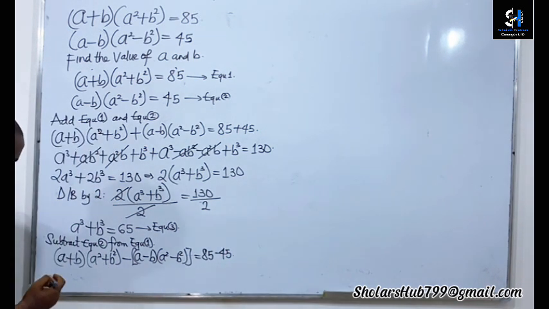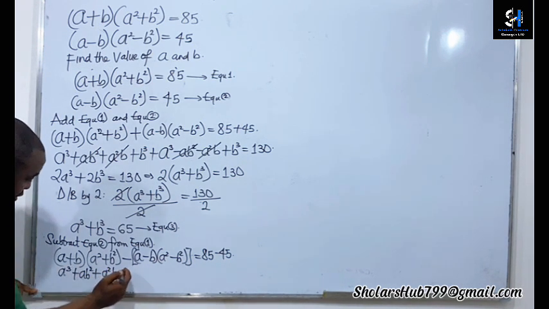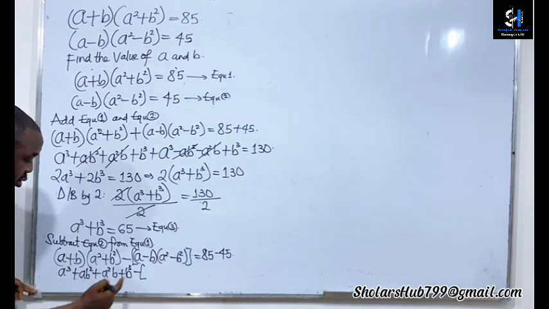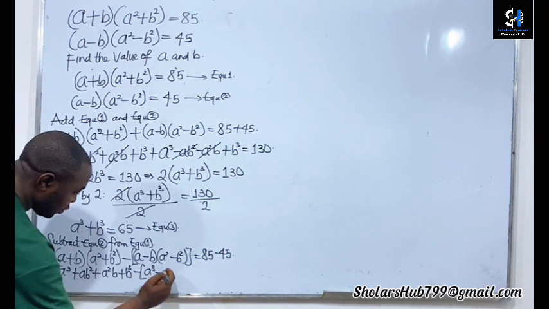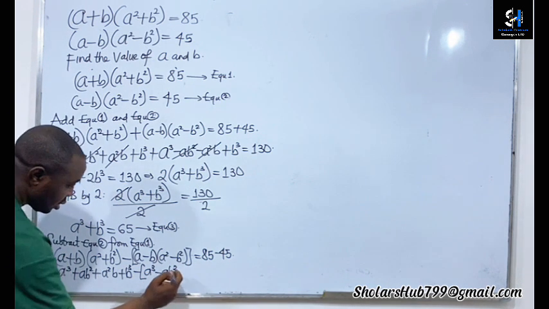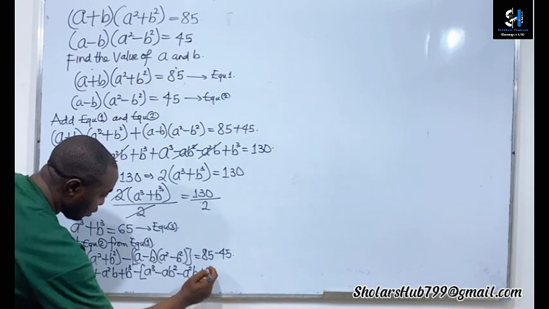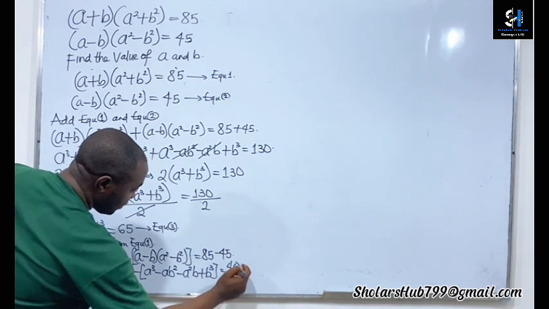So in this case, if we do expansion, this will be a³ + ab² + a²b + b³, then minus square bracket, a³ − ab² − a²b + b³, equals 40.